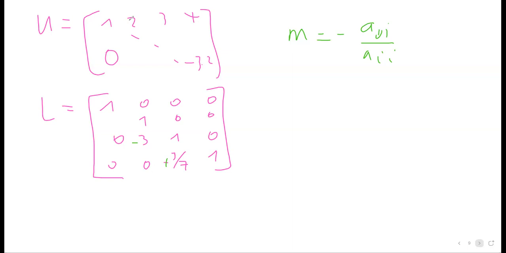So now you have your L and your U, and then you have a P. The P we did in the first instance was this one.